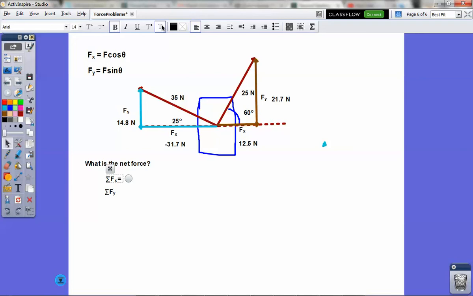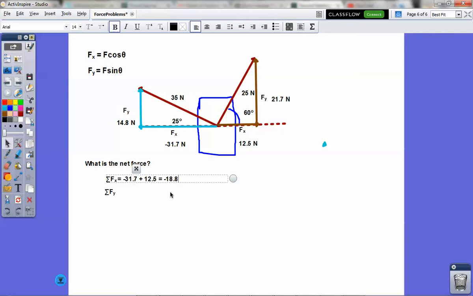There's negative 31.7 and there's positive 12.5. So the net effect of those two forces, if we combine them, we get negative 18.8, I want to say. Let me make sure. 12.5, 18.8.